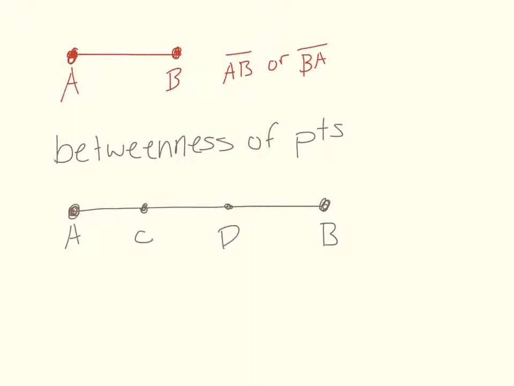So we couldn't say that, but we could say C is between A and D. Now, if you have this random point over here, say E, E cannot be between any of these because it is not collinear. So, in our case, we don't like point E because it's not collinear, therefore it can't be between.